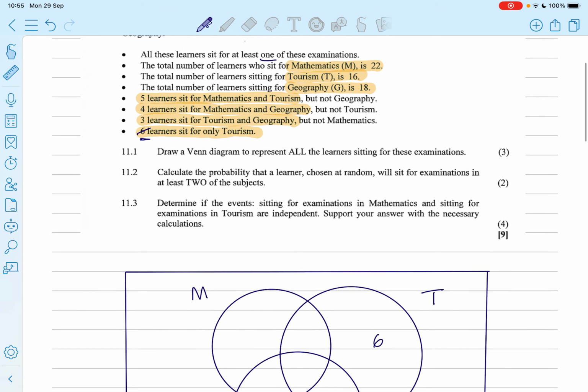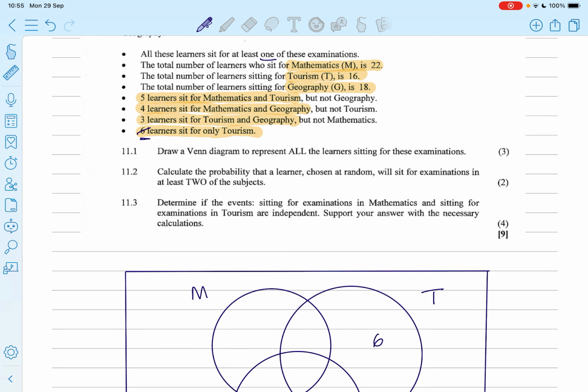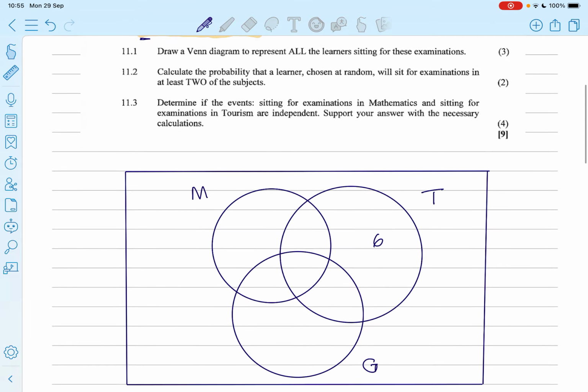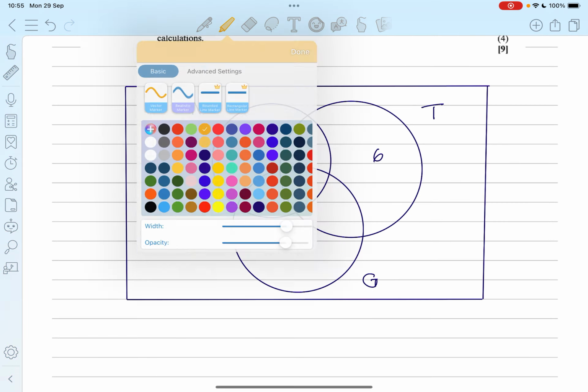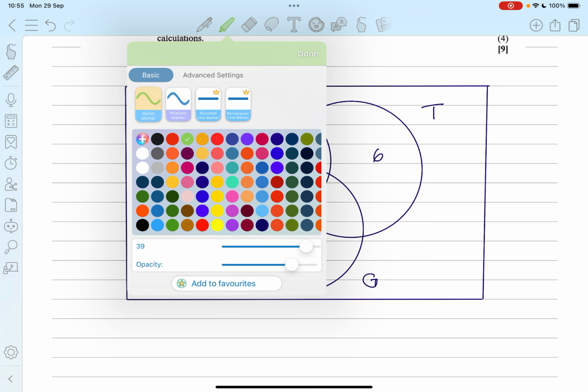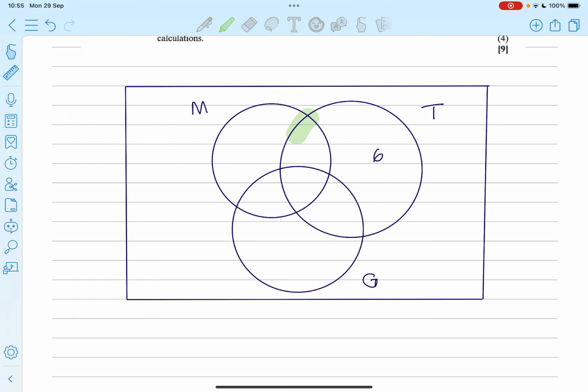And then next is the learners that sit for maths and tourism, but not geography. And that's 5. So maths and tourism would be, let me highlight it in this region, but not geography.